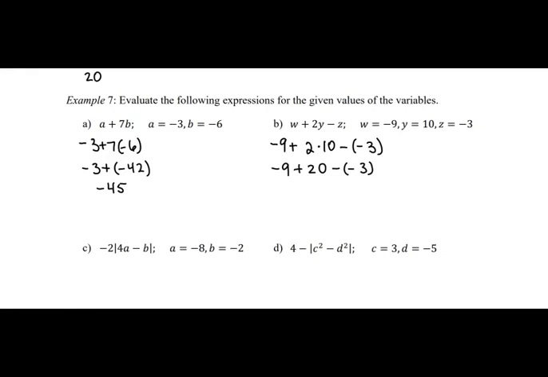All right, so I'm going to do -9 plus 20. 20 is the bigger value, so we're going to have a positive answer. The difference between 20 and 9 is 11.